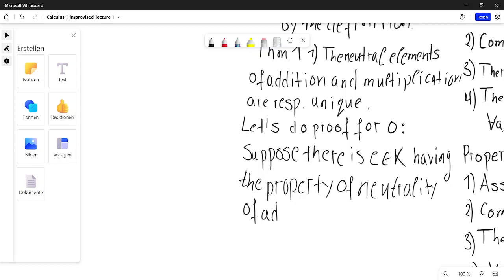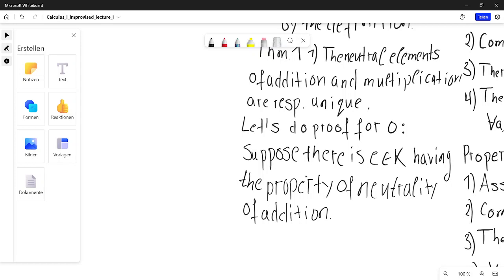And here we could have gone two ways. One way would be to assume there is such a one non-equal to zero, and we would lead it to a contradiction. Another way is to suppose there is just one, some such element. Zero was already there, but this one that we are supposing could also be zero.